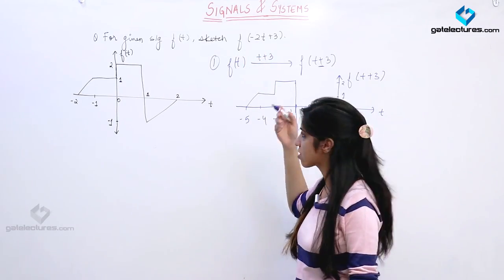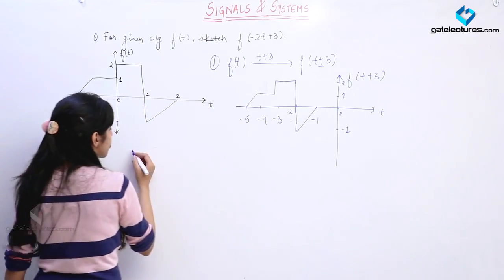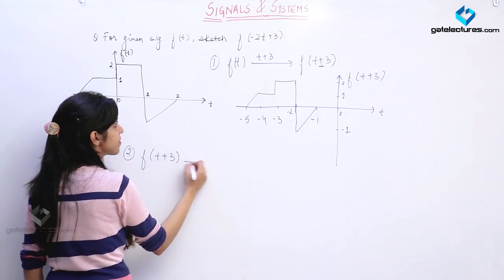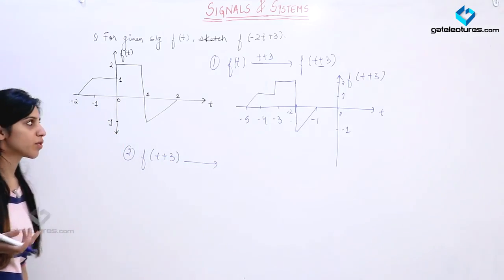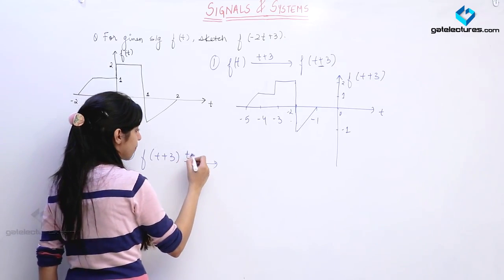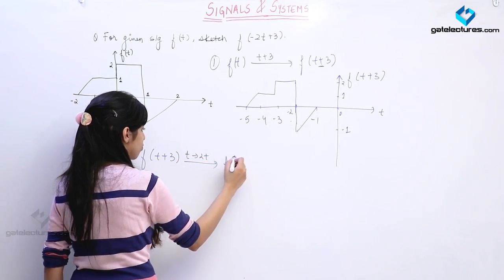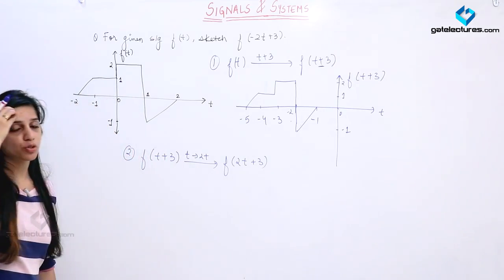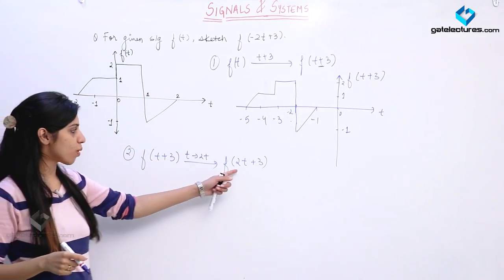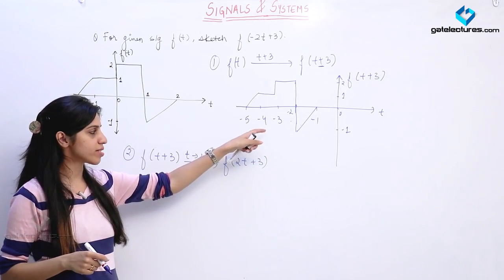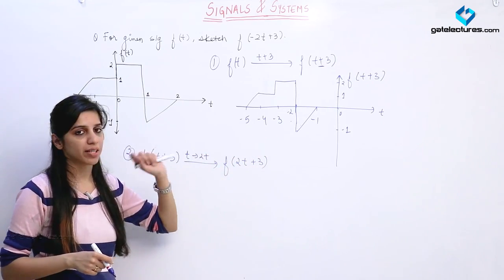Then the next operation that we are going to perform is time scaling. See, you could take reversal first or scaling first. I am just taking scaling first. So the signal is going to become f of 2t plus 3. Now when I scale this signal with 2, all these time instances are going to be divided by 2.